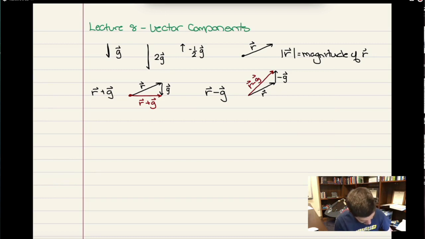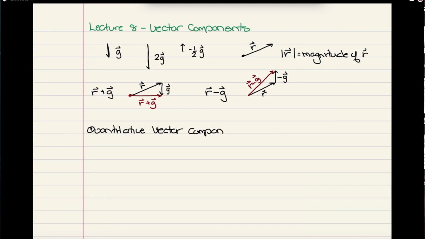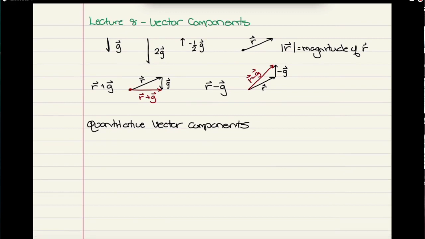All right, but now we want to be more quantitative about this. We also want to be able to say something about what these vectors represent inside some given coordinate system.